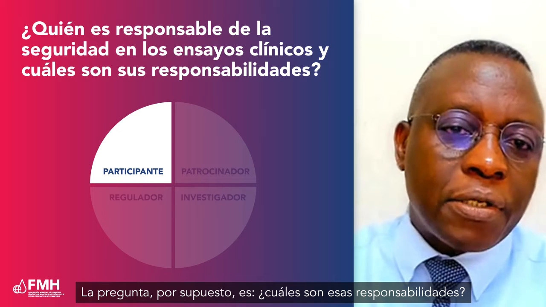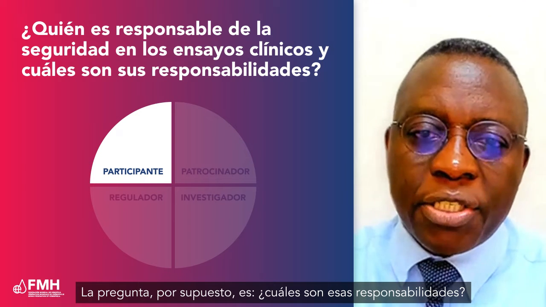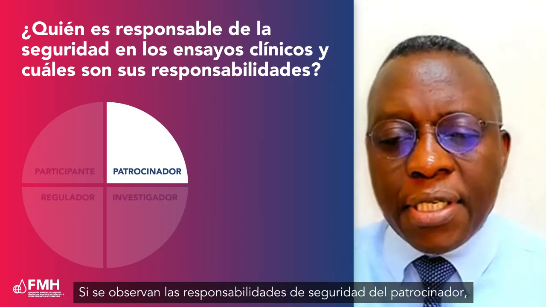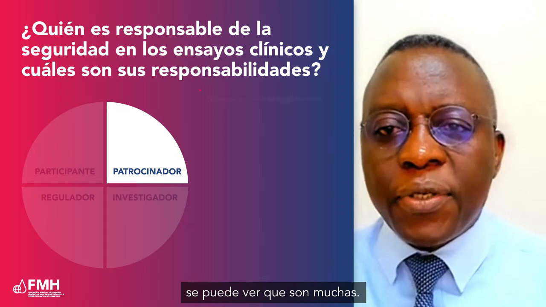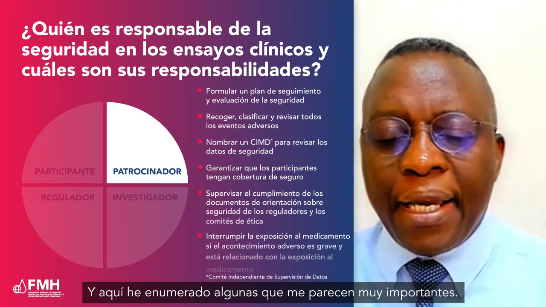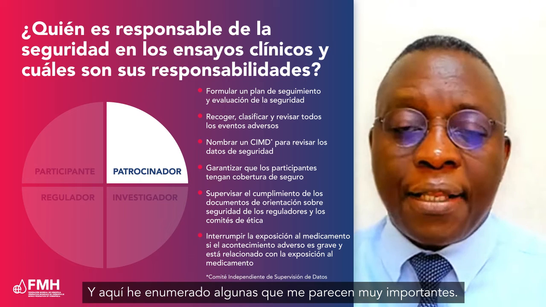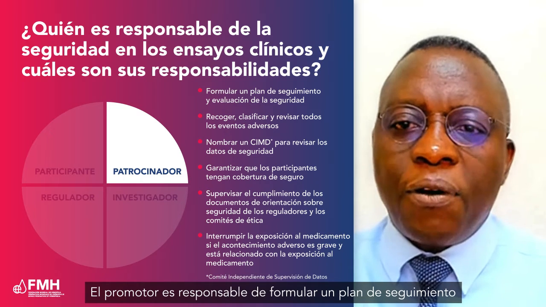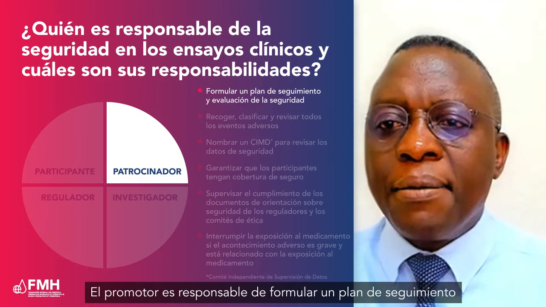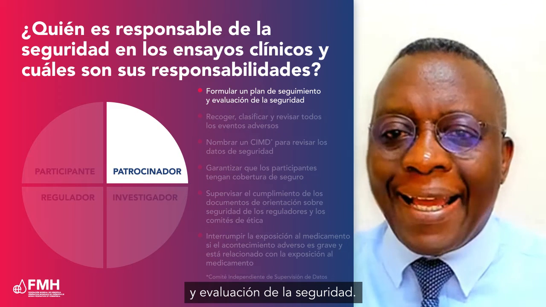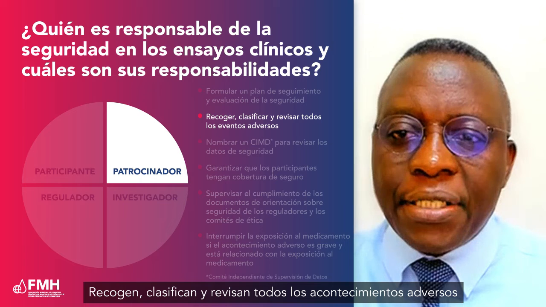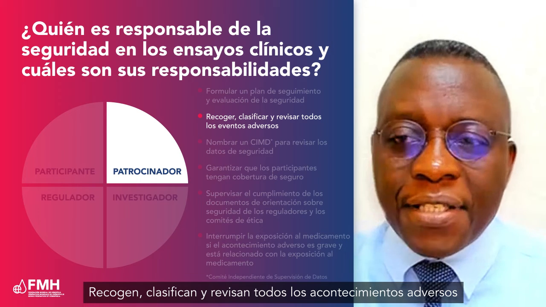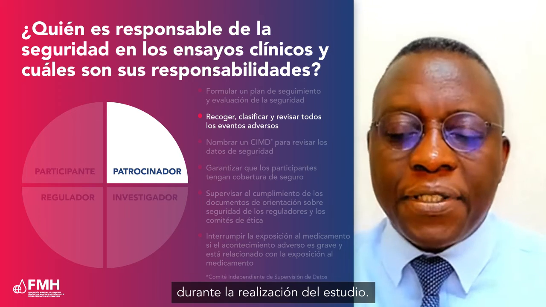The question, of course, is what are these responsibilities? If one looks at the sponsor safety responsibilities, you can see that there are many. And I've listed a few here, which I think are very important. The sponsor is responsible for formulating a safety monitoring and evaluation plan. They collect, categorize and review all of the adverse events during the conduct of the study.